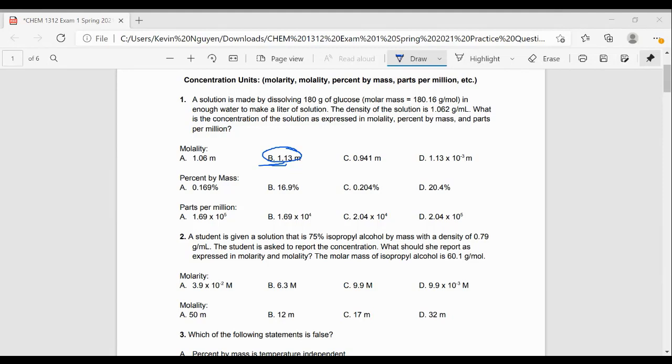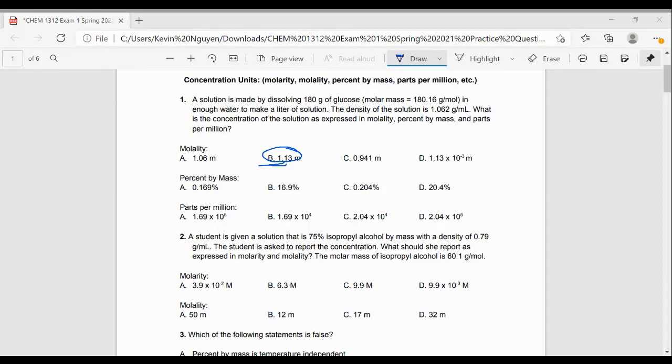Since we already found our moles of solute, we just need to find kilograms of solvent. We're told we have 75% mass of isopropyl alcohol, so 75 grams of isopropyl alcohol over 100 grams of solution.